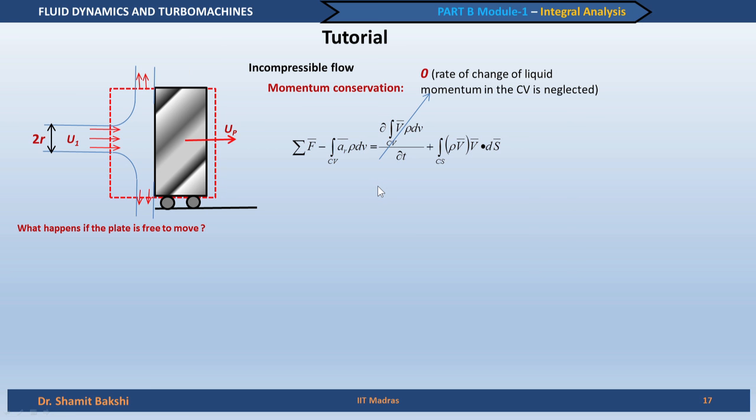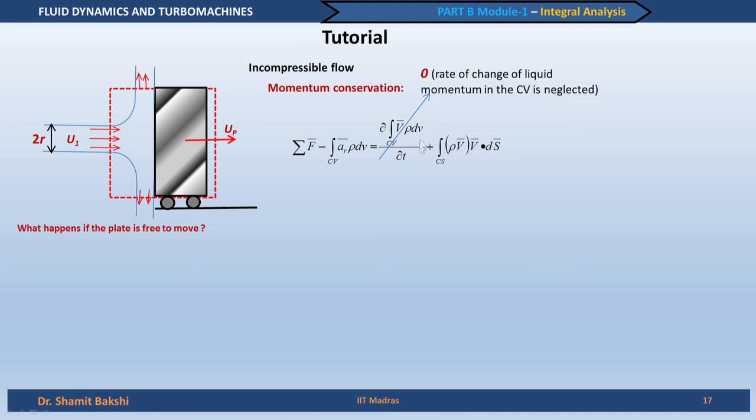Now, to simplify this situation, we take this part as 0, but actually speaking this is not strictly true. For the previous cases, this time part was 0 because it was a steady problem, but in this case this is not actually 0. What we do is neglect the rate of change of liquid momentum in the CV.